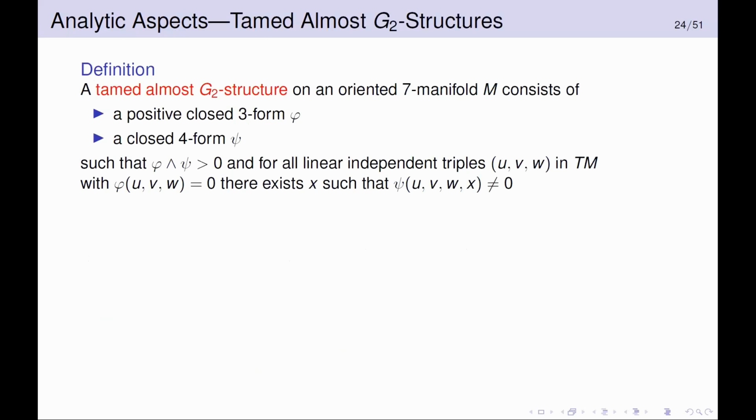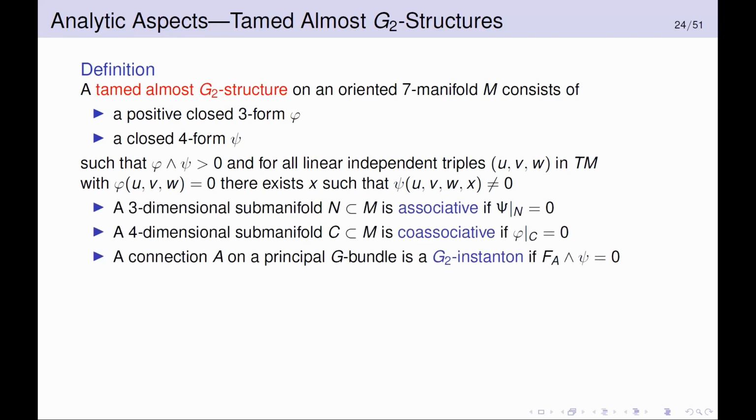Maybe I don't have much time. Here's a way to relax the problem a bit so that it's less cumbersome. You want a closed three-form and a closed four-form. We don't demand that the four-form is the Hodge star of the three-form as before. So they are basically coupled now, but still you want the product to be positive, and you still want that psi is non-degenerate relative to phi in the same sense as half an hour ago.